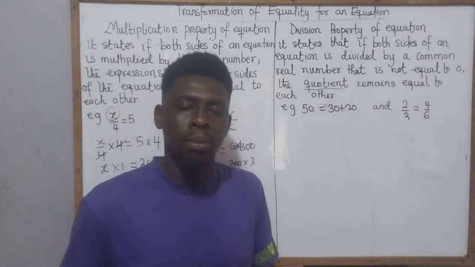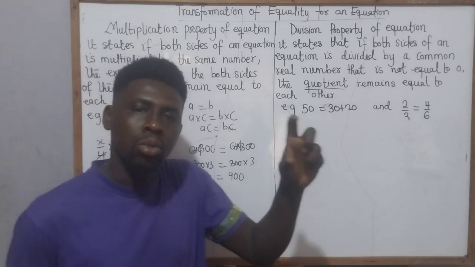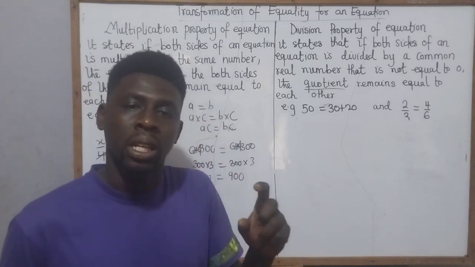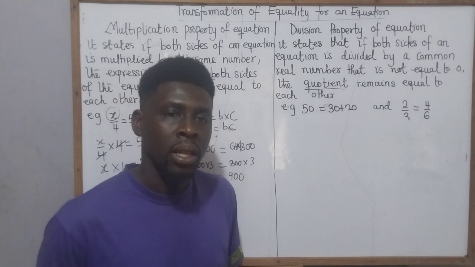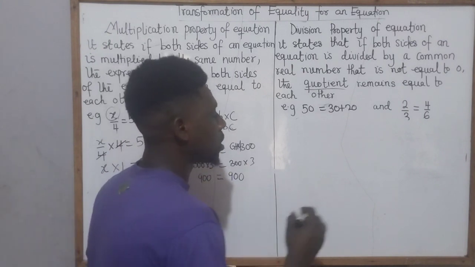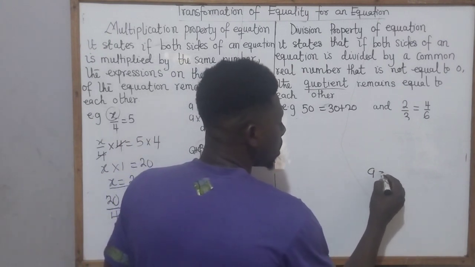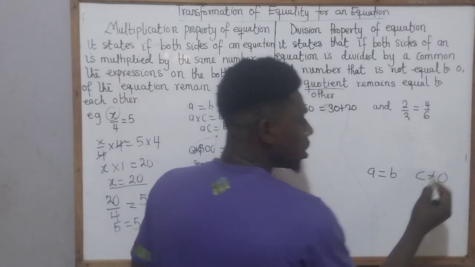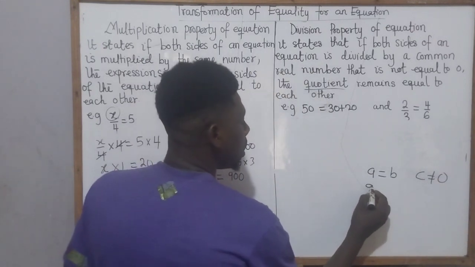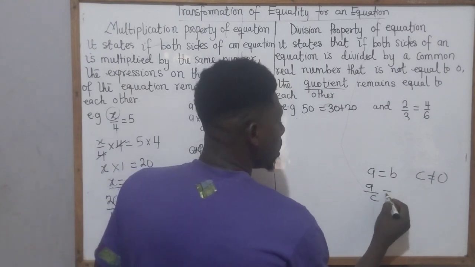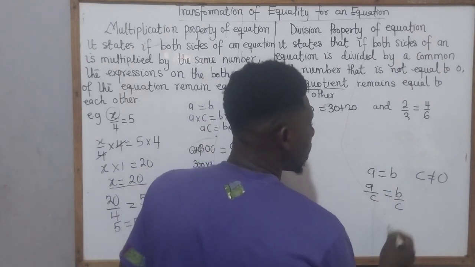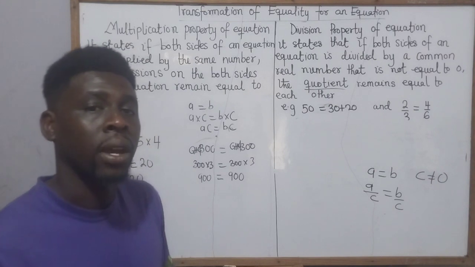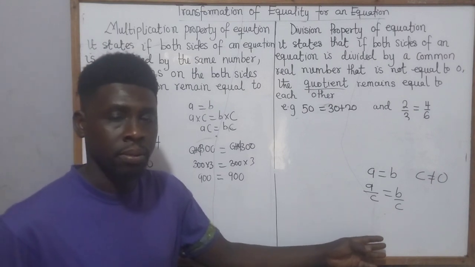The quotient here means that if you divide two numbers, the result is called the quotient. This can also be expressed as: if A is equal to B and C is not equal to 0, then A divided by C is equal to B divided by C. Let's find out how true this is.